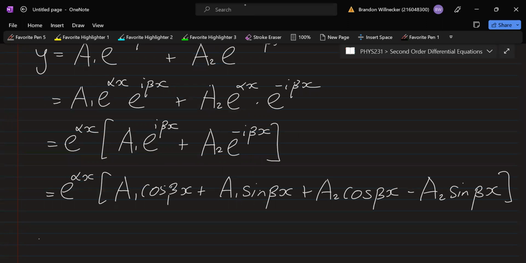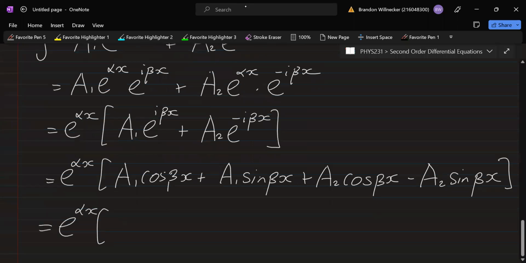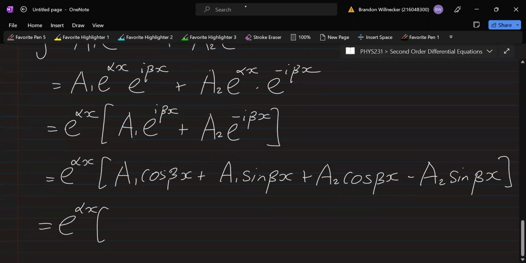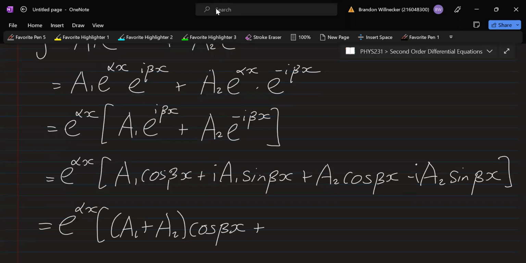We can collect like terms together. So we get e to the alpha x times ((a1 plus a2) cos beta x plus i (a1 minus a2) sine beta x).